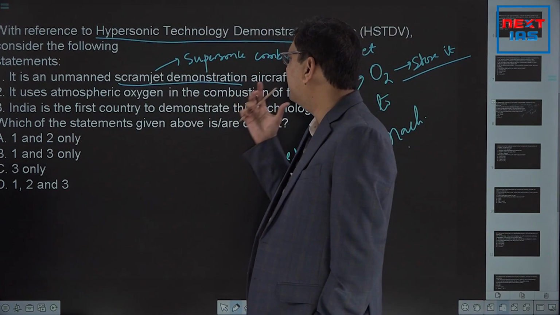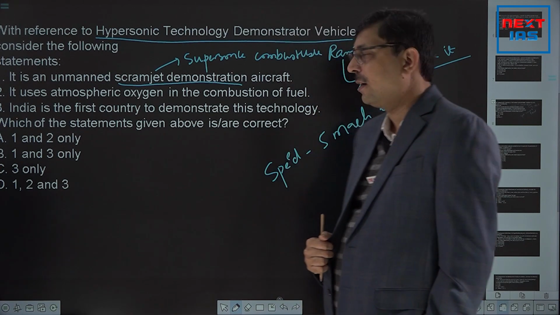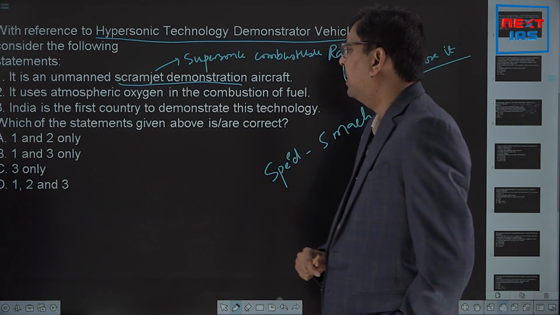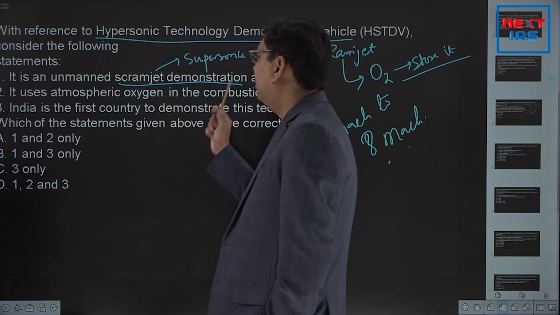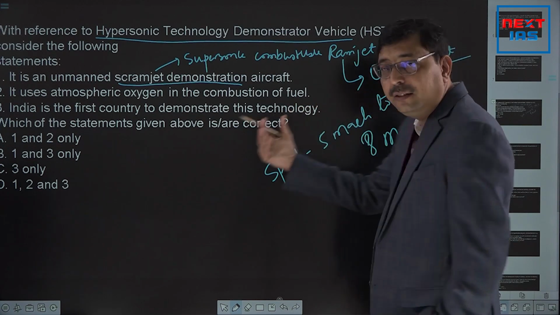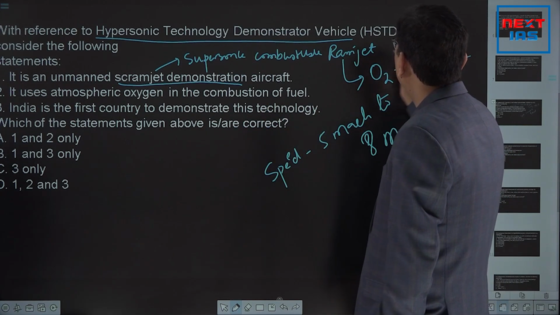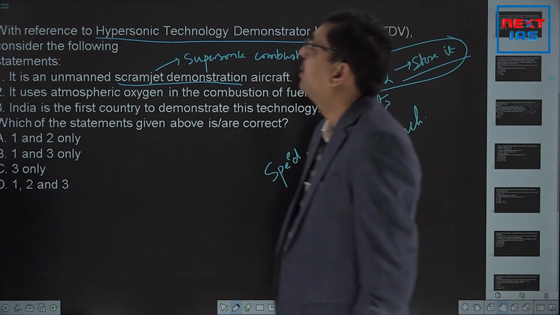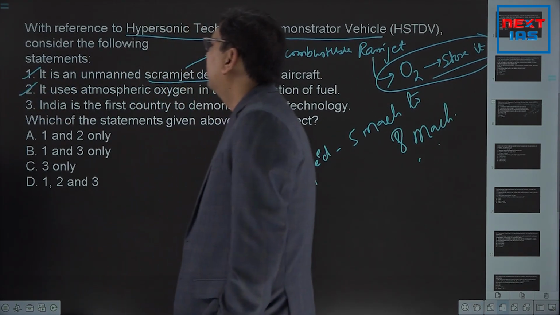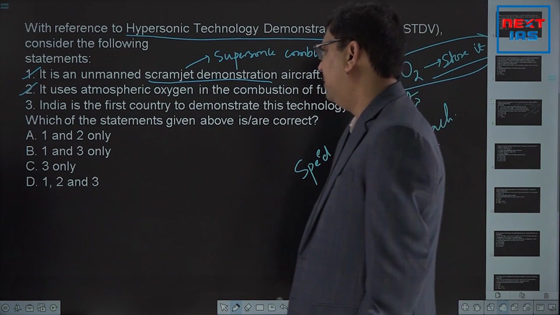So it is a scramjet demonstration aircraft vehicle, fine, the first statement is right. It uses atmospheric oxygen, yes, as I told you, it filters and stores the atmospheric oxygen. So second statement is also right. India is the first country to demonstrate this technology.